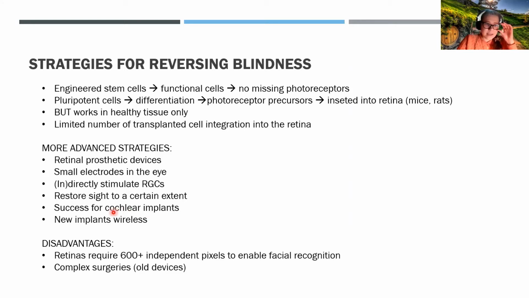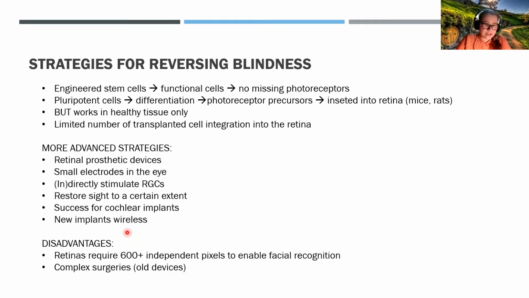And since they are successful, since people who lost their hearing can hear now, I believe that we could make blind people see something again. And stimulating the eye with electrodes is quite inconvenient, but new implants are wireless, and I will show you very nice pictures at the end of the presentation.